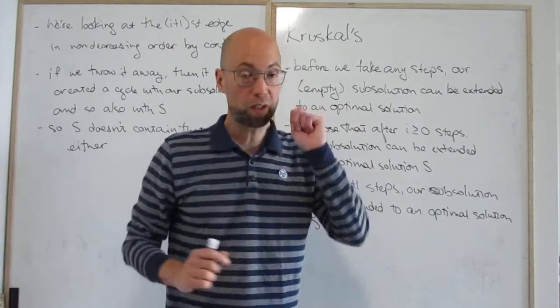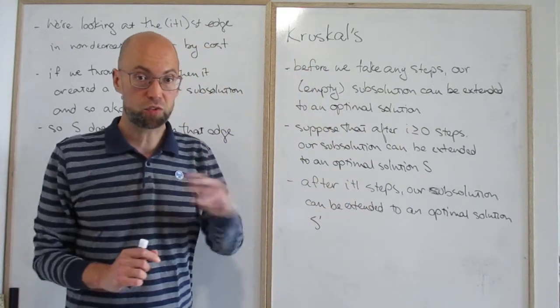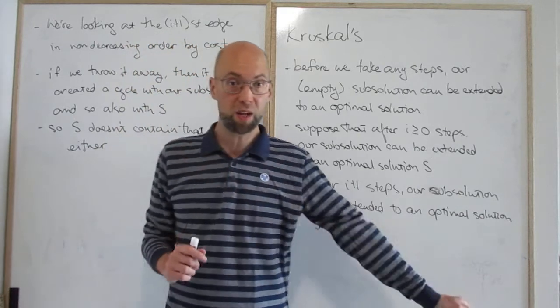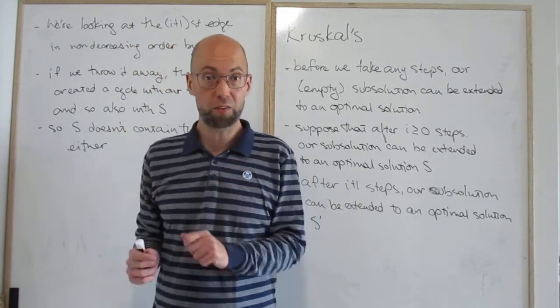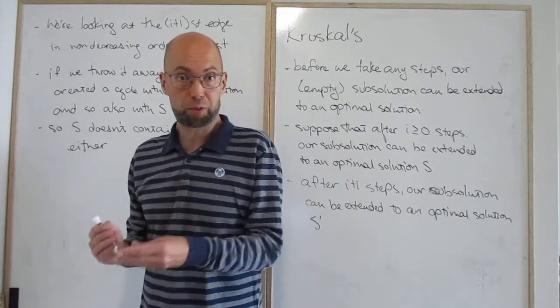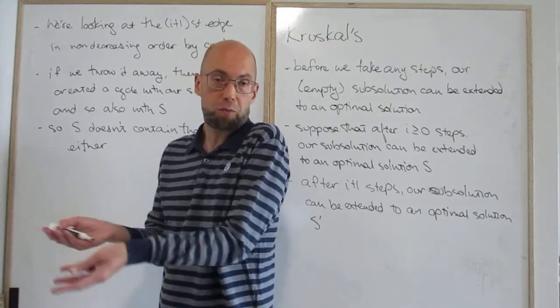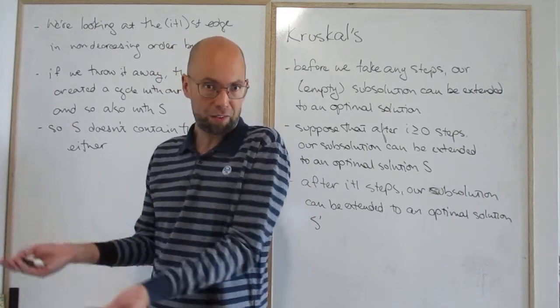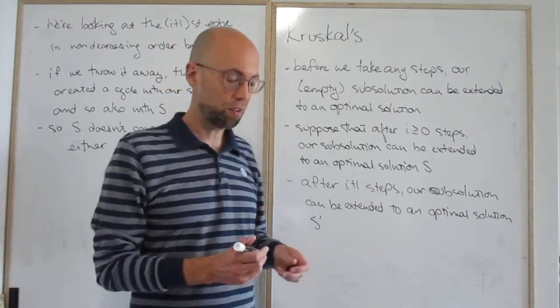In this case S prime is just S, because if we throw the edge away, S couldn't have contained it either. So after I plus 1 steps, our subsolution can still be extended to S. Now, here's the tricky case.